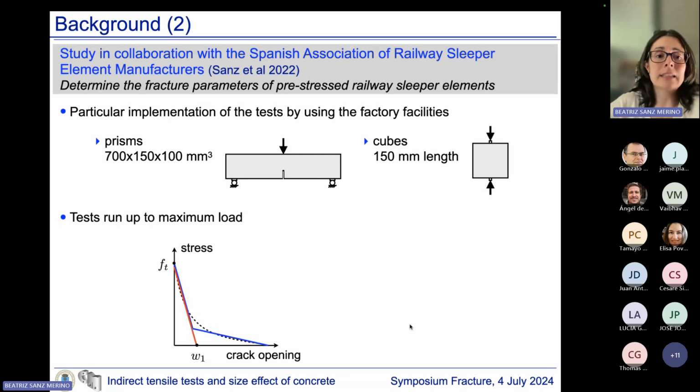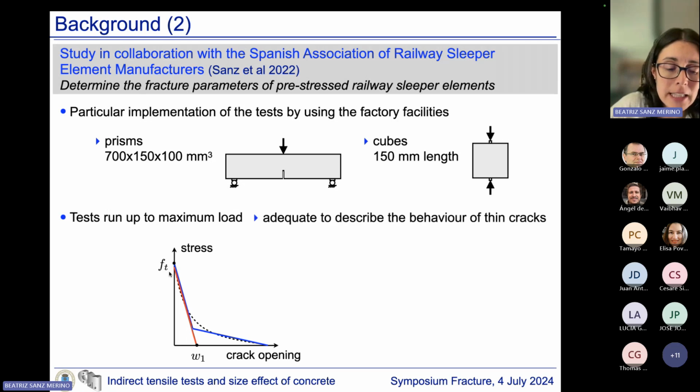It implies that we obtain only information about the first branch of the bilinear curve, the curve in red here, but this is adequate to describe the behavior of thin cracks, those with width smaller than this parameter W1, the intersection with the abscissa axis.